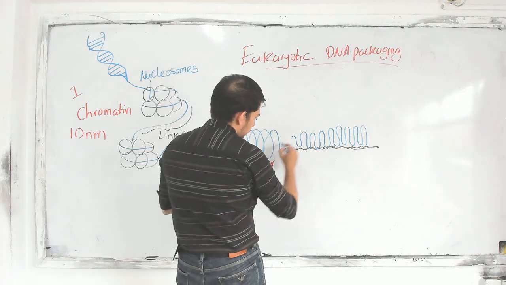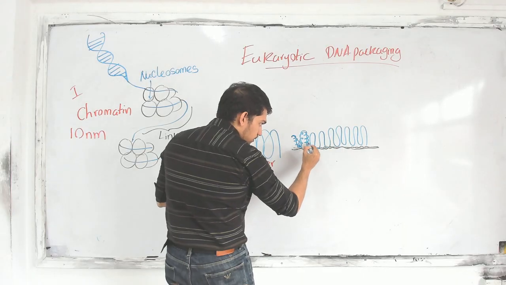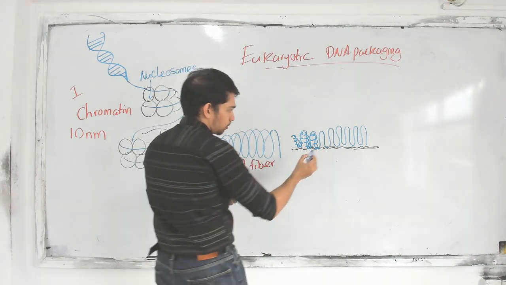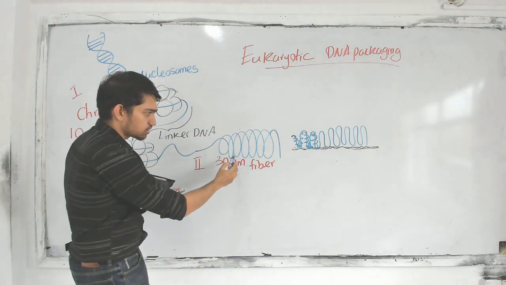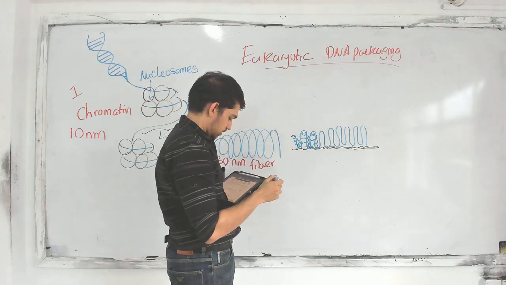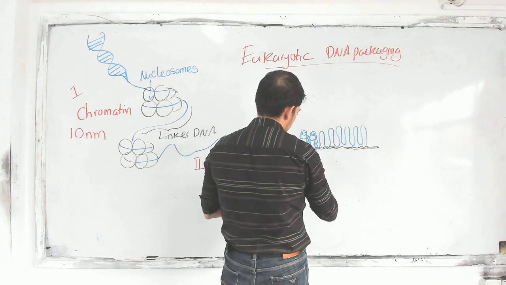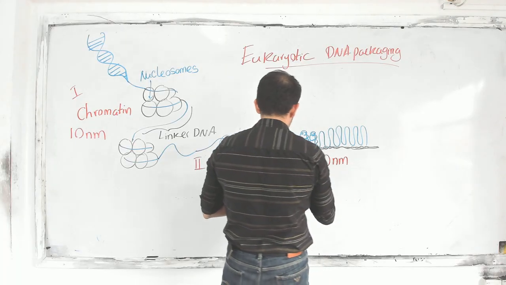If you zoom in, actually it looks like this, but we are drawing it like this because we are zooming out. We can't see these coils now. You understand? So we jump a massive size, 300 nanometers, level 3.